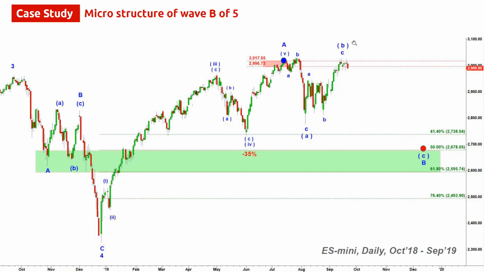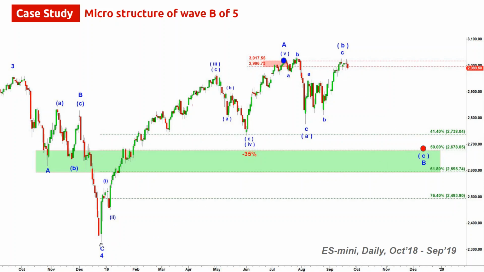So here you can see I'm expecting a big decline. I'm expecting an impulsive move down, comparable in size to that move down which bottomed in early August 2019. Moreover, it could be an even bigger one. It could go all the way to the 50% retracement.